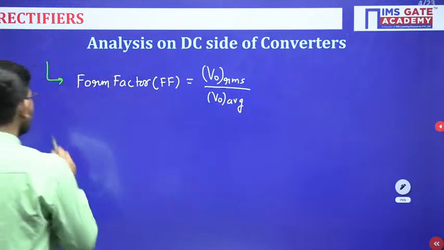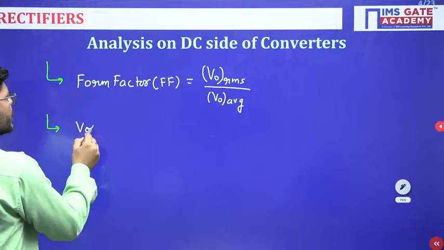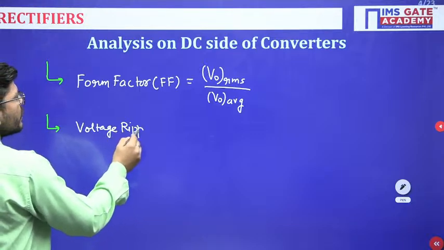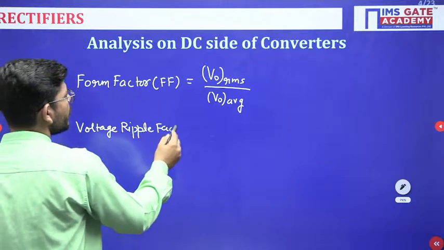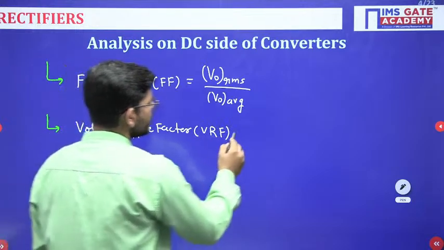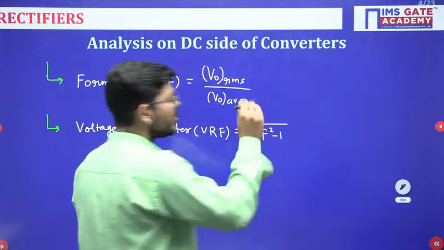And then we will be calculating something called the voltage ripple factor, VRF. This will be the square root of form factor squared minus 1.